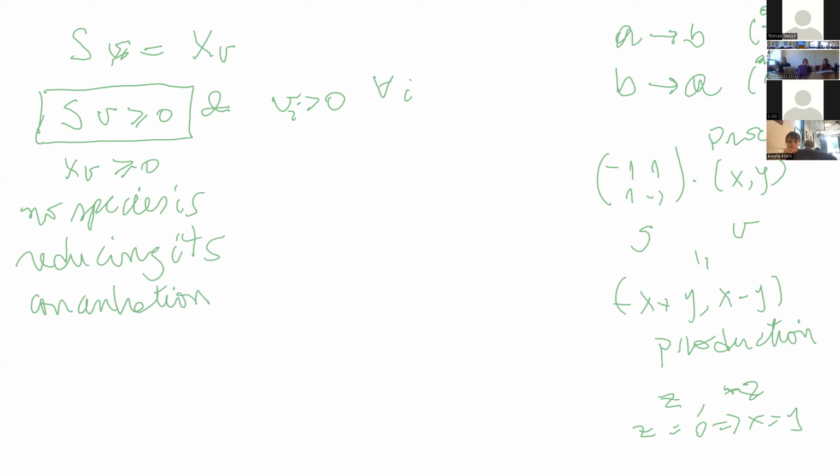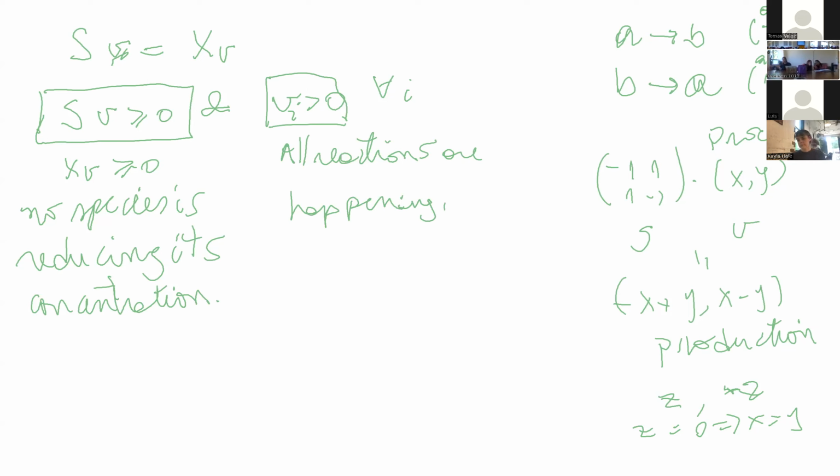And it means all reactions are happening, because all of them have a strictly positive value, so no reaction has rate 0, and species are not reducing because they can be larger than or equal to 0. So these two conditions define self-maintenance.